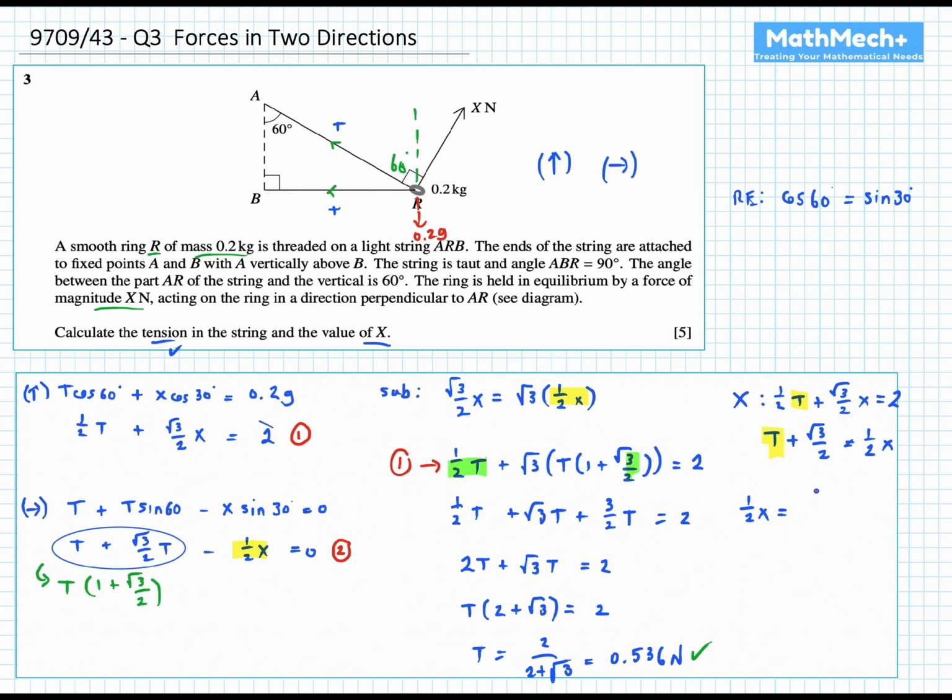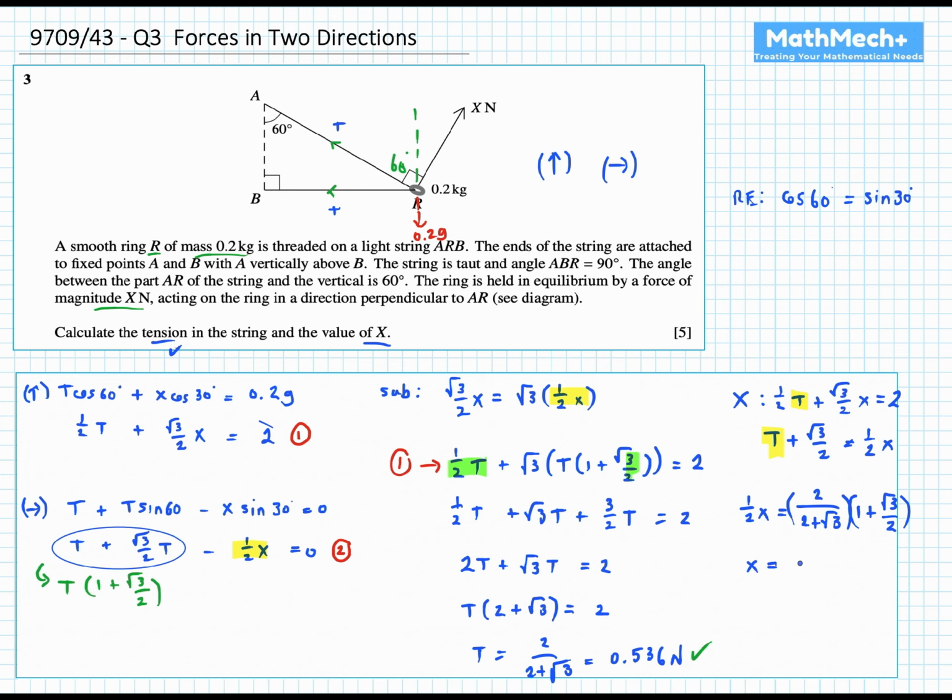We have T now, 2 over 2 plus root 3. And we put a bracket around it as well. Make it look contained. And then, of course, our T times root 3 over 2, which is 1 plus root 3 over 2. We can also simplify that again. See that in a second.